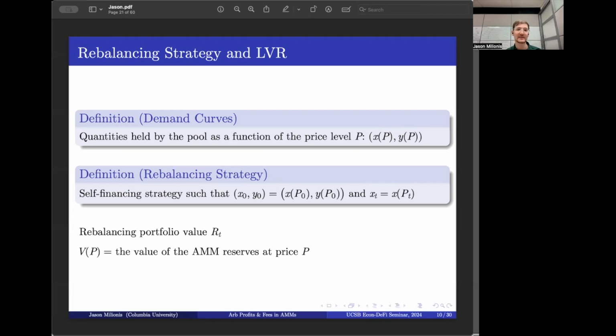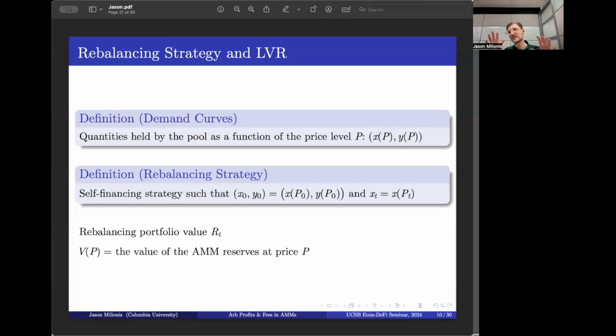And this generalizes beyond CFMMs to what we call smooth AMMs, but we're not going to focus on that in this talk. So we will define a specific self-financing strategy that we call the rebalancing strategy. What this strategy basically does is that it starts with the same assets that the pool contains, and then it rebalances, it changes its composition such that it holds the same risky asset quantity as the pool, but at market prices.